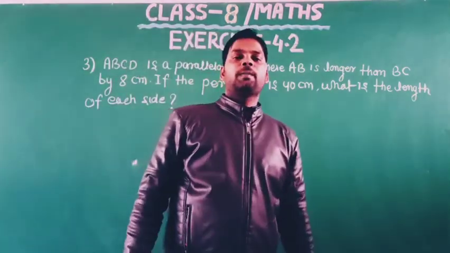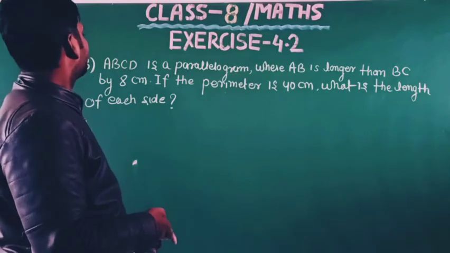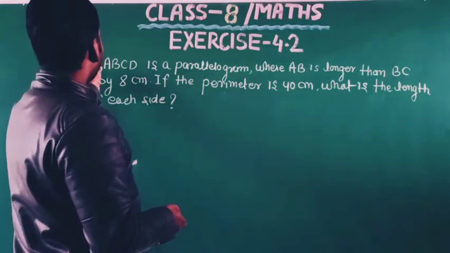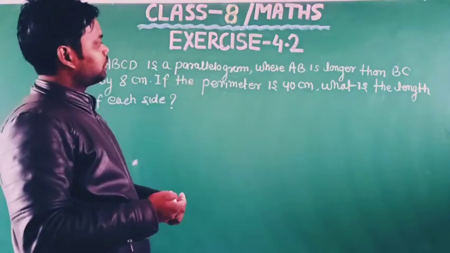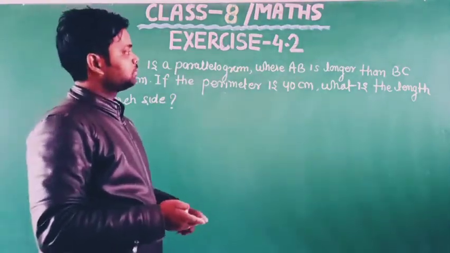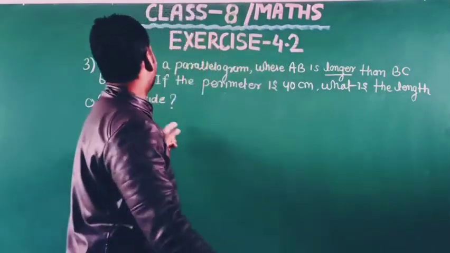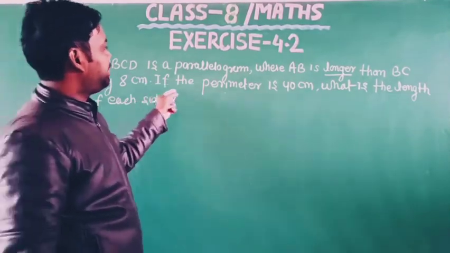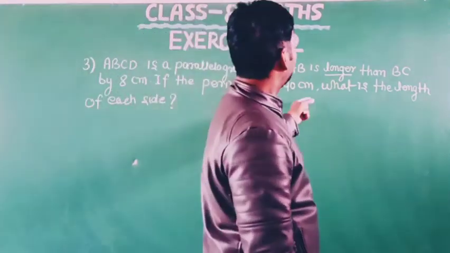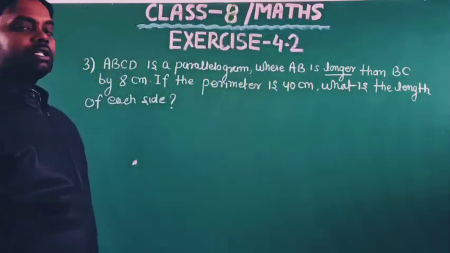Further, move to question number 3. In this question, we are given that ABCD is a parallelogram where AB is longer than BC by 8 centimeter. If the perimeter is 40 centimeter, then we have to find the length of each side.